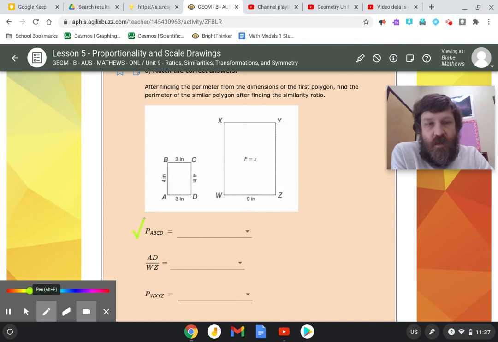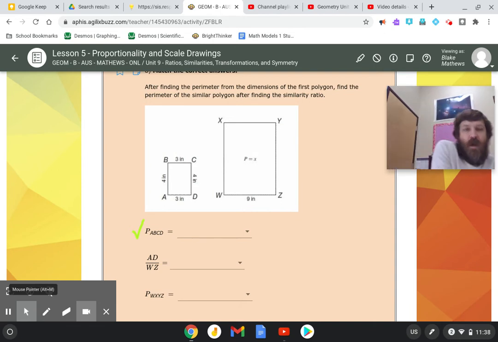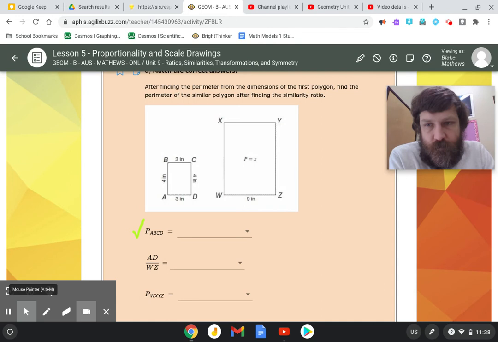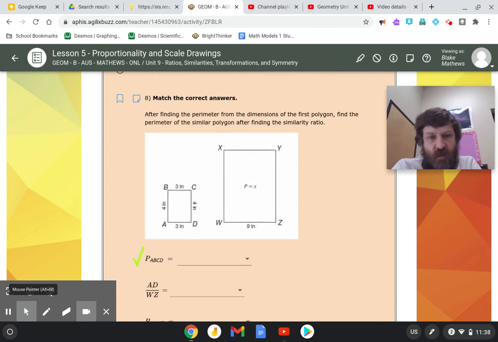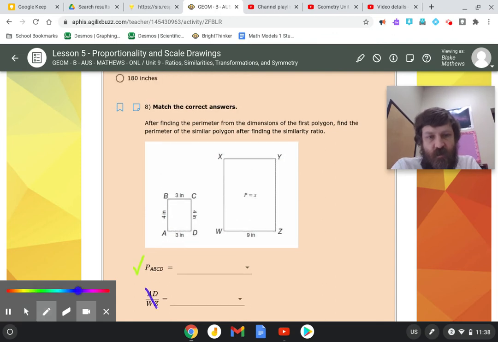Then in the second part, you need to make a proportion out of AD and WZ. Actually, that is not exactly right. This should say WZ over AD.